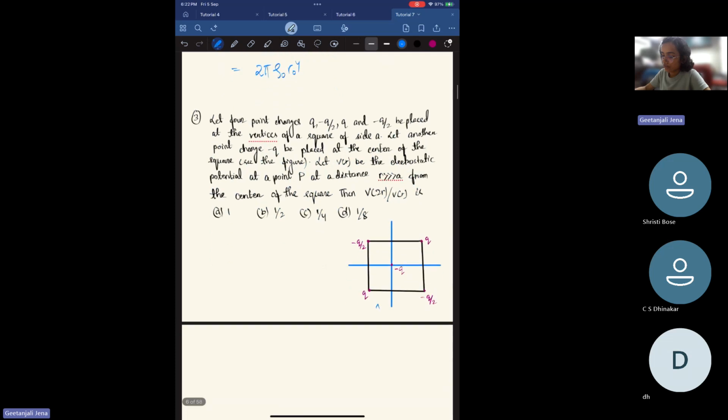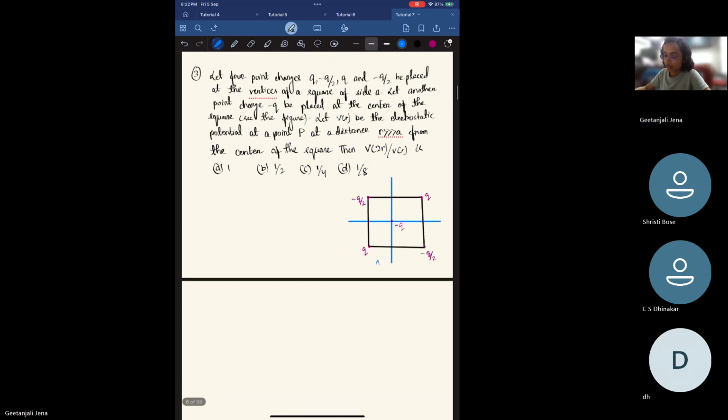Okay, so for now, let us see what is number 3. So there are 4 point charges: q, minus q by 2, minus q, minus q by 2. These are at the vertices of a square of side a. And there is another charge minus q at the center of the square.